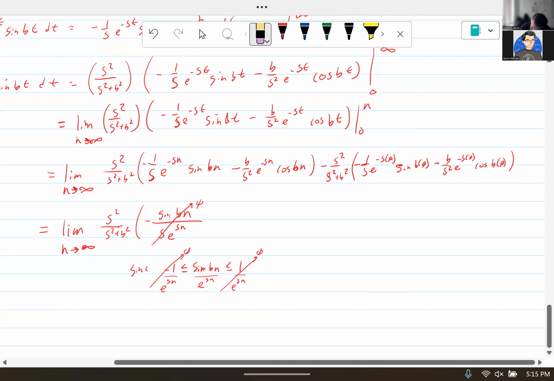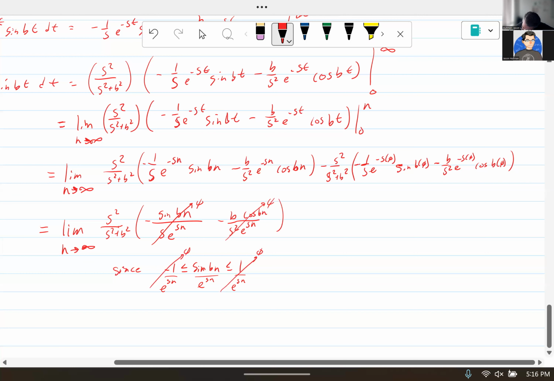So I guess I did kind of prove it, informally. It's kind of an informal proof of why that goes to 0. We could say the same thing about the cosine. It's basically the same argument, cosine bn over e to the sn goes to 0 by the same argument.